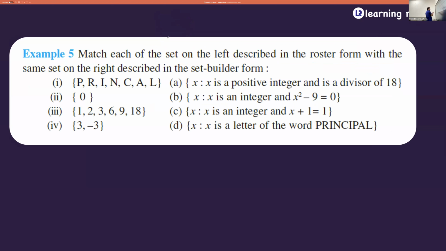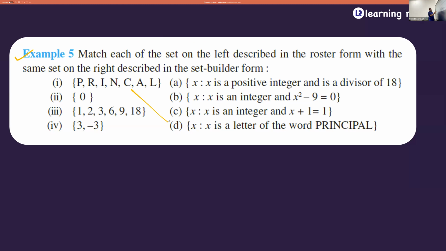Right. So this one you're saying, go. Capital. Yeah. So match each of the set on the left described in the roster form with the same set on the right side described in the set builder form.